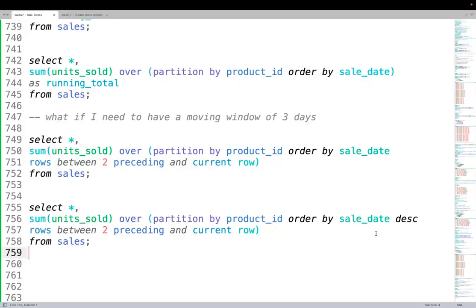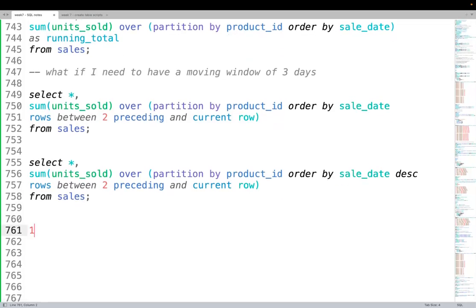If I do descending, the highest date is at the top. Let's say the 20th of August is at the top, 19th will be below, 18th below, 17th below that, right?